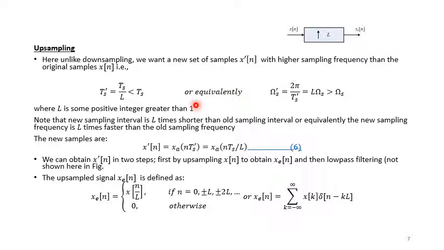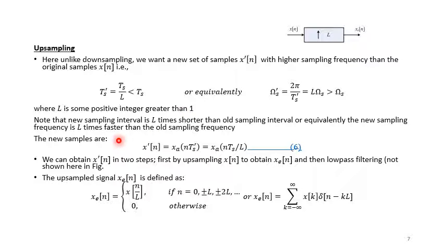So you understand that when we decrease the sampling period, the sampling frequency increases, and we are decreasing it by a factor of l, so it will increase by a factor of l, okay? And l is a positive integer greater than 1.